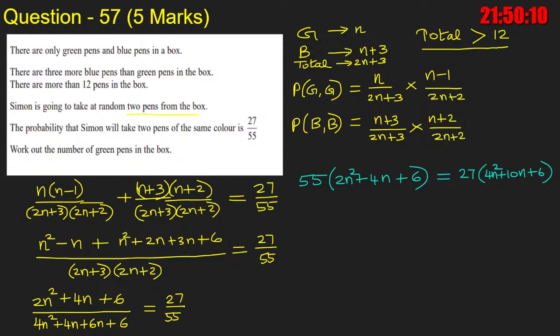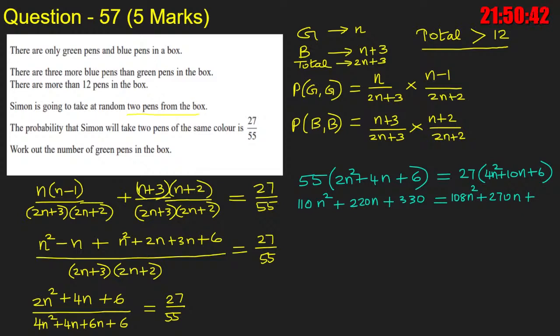So 55 times 2 is 110n squared. 55 times 4 is 220n, plus 330, equal 27 times 4 is 108n squared. 27 times 10 is 270n, plus 6 times 7 is 42, 4 remaining.